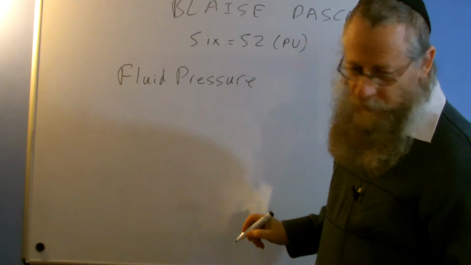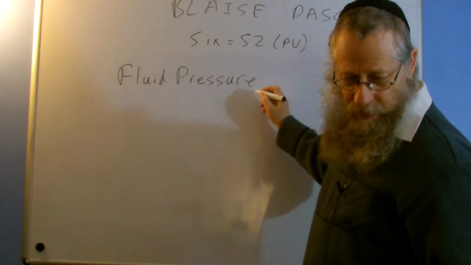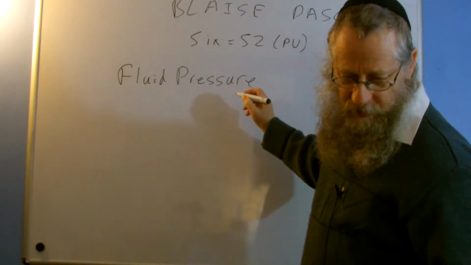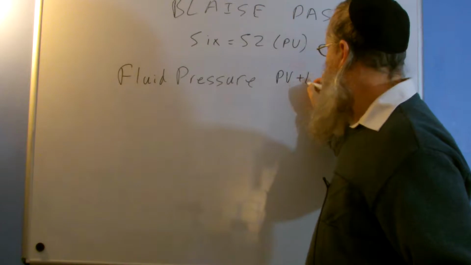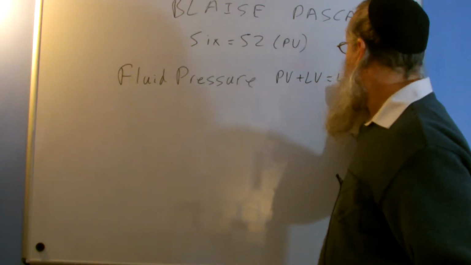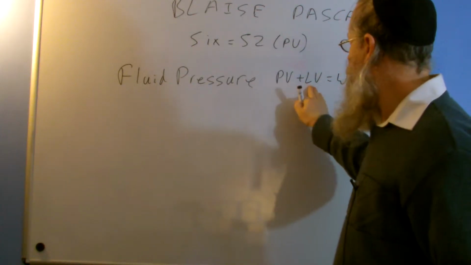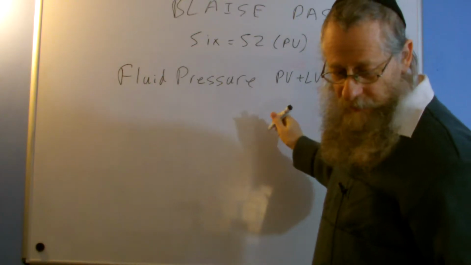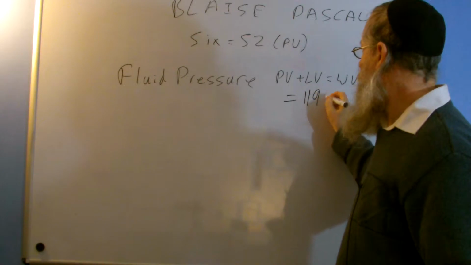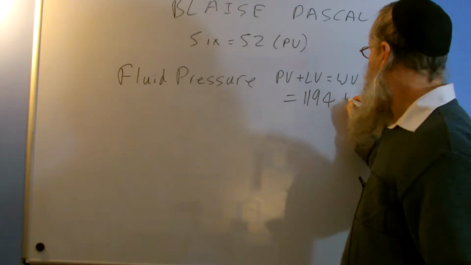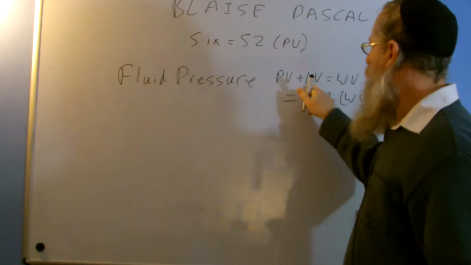We work out the placement value, and we work out the large value. In actual fact, what we're going to work out is the placement value plus the large value, which is the whole value. Those two together give me the whole value, and that comes to 1,194.